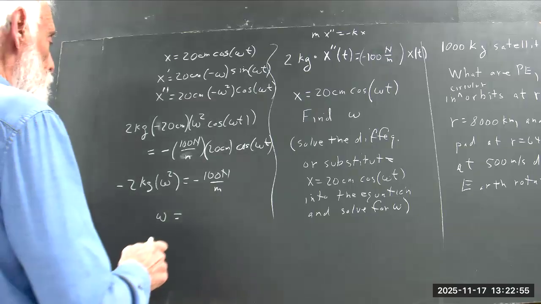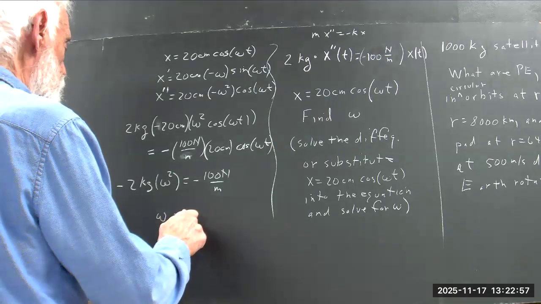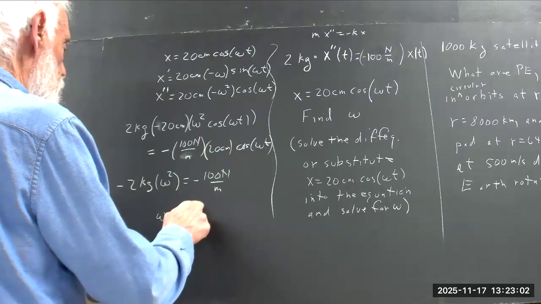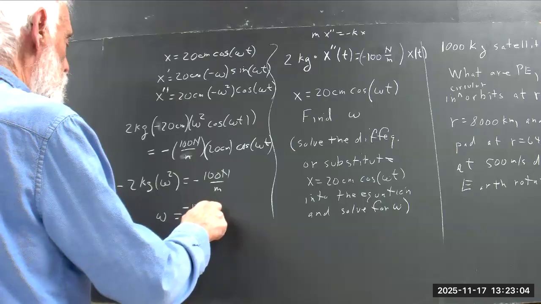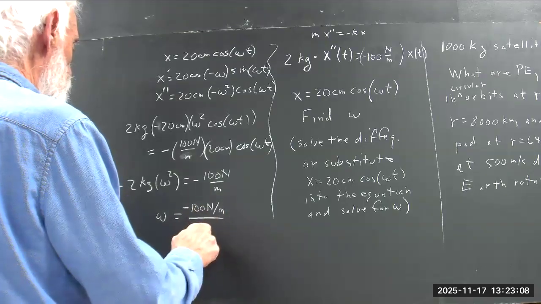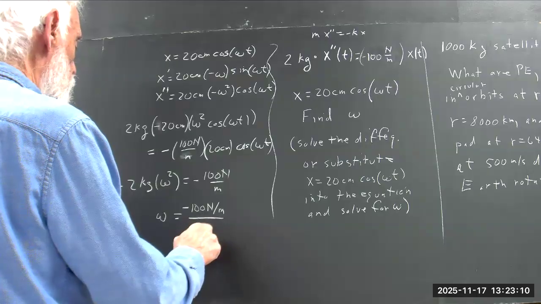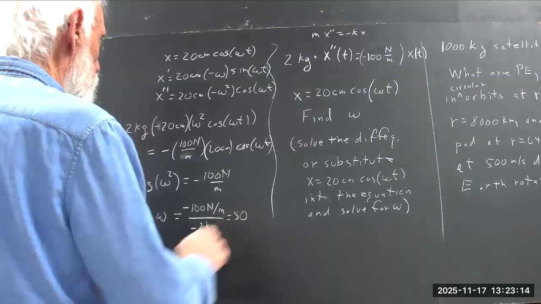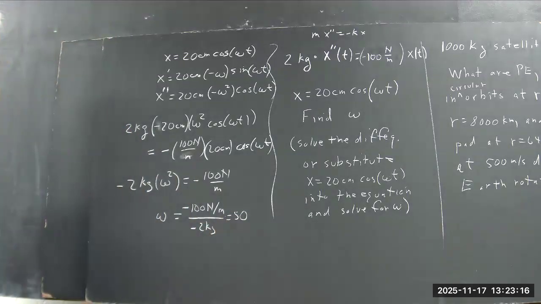So you get omega squared equals 100 newtons per meter over 2 kilograms.